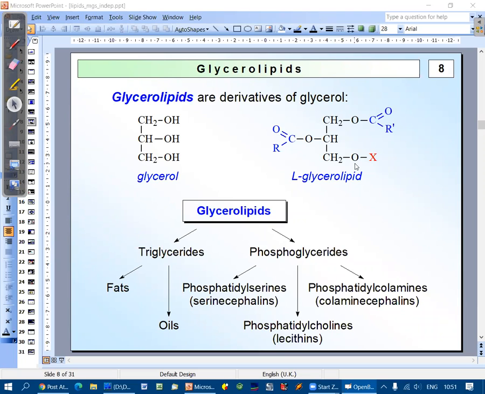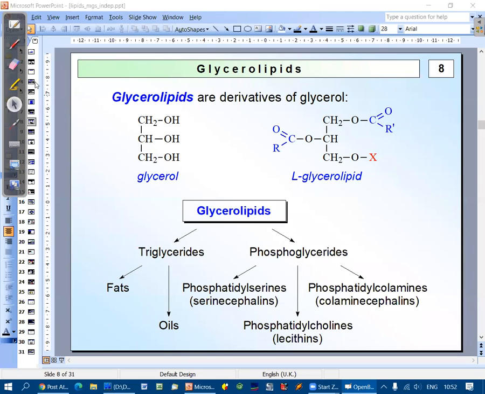All our lipids, processes of metabolism, all of them are L-glycerolipids. But I will draw the formulas of lipids as if they don't have spatial isomers.